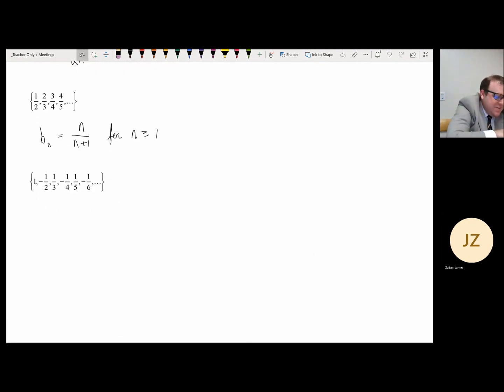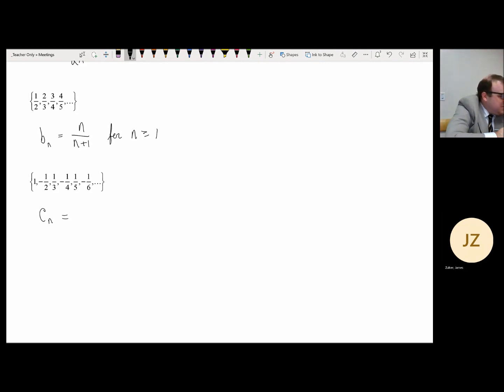Next sequence: 1, negative a half, a third, negative a quarter, a fifth, negative a sixth, so on and so forth. Well, we should notice immediately it's alternating.